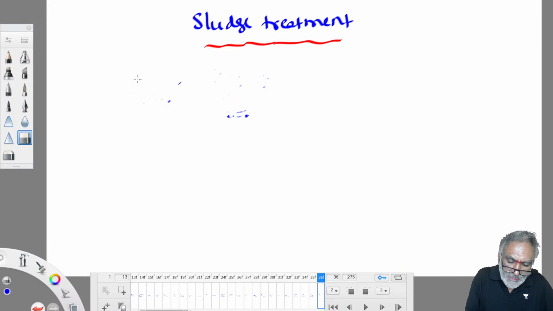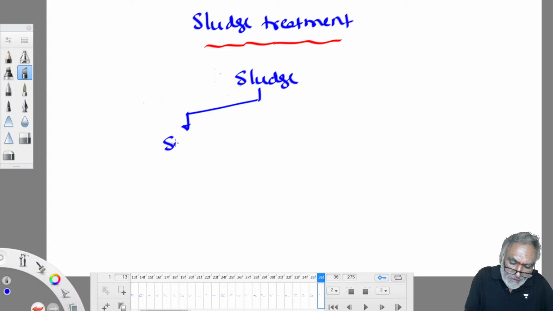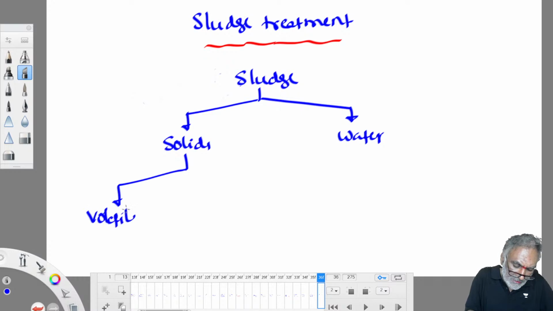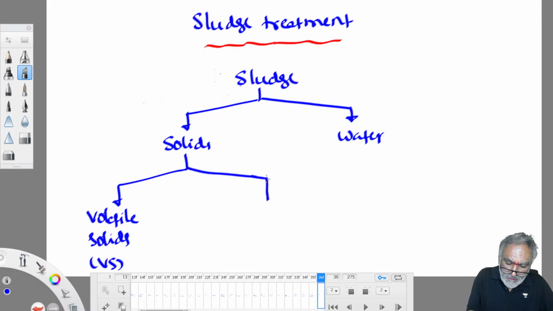Sludge is a heterogeneous mixture of two things, solids and water. Again, solids: there are two types of solids in sludge, volatile solids and non-volatile solids. We write the shortcut VS for volatile solids. This is non-volatile solids.